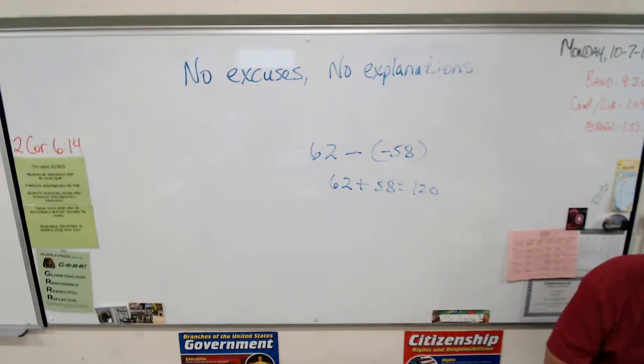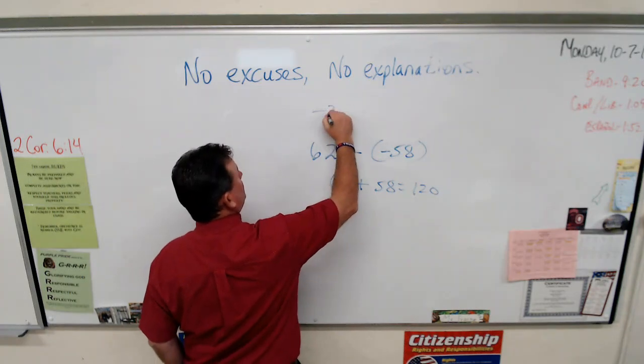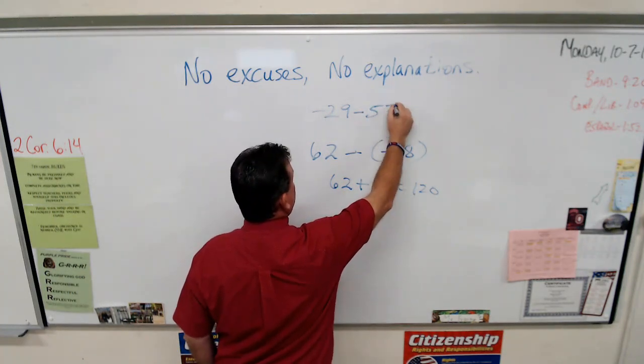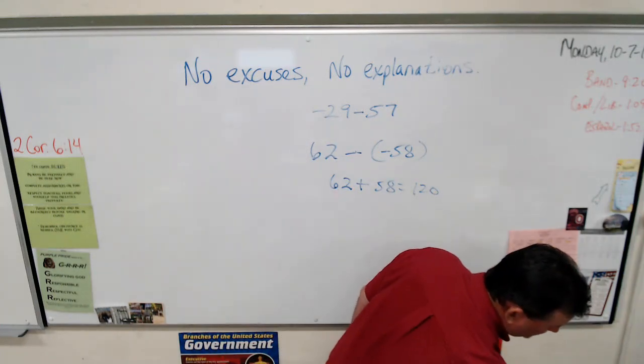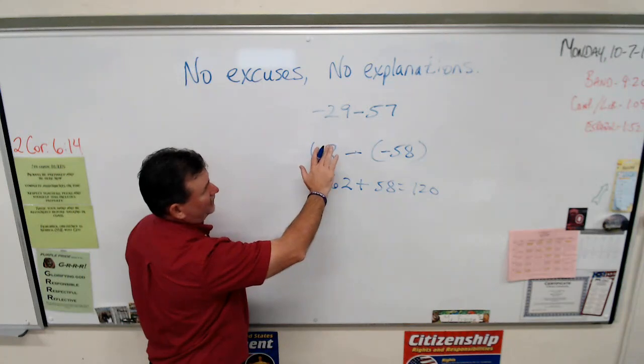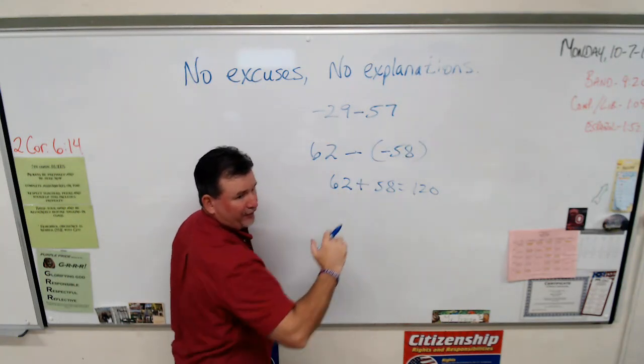And if you apply that same thing to number 17, negative 29 minus 57, that's how we got negative 86, because we actually add negative 57.